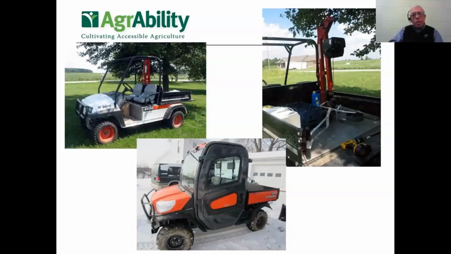The utility vehicle there at the top right and left, one of my clients with raising produce, a way for him to get across the plots of produce, but he also had an arm amputation at the shoulder, so he needed a way of lifting crates and moving things around.